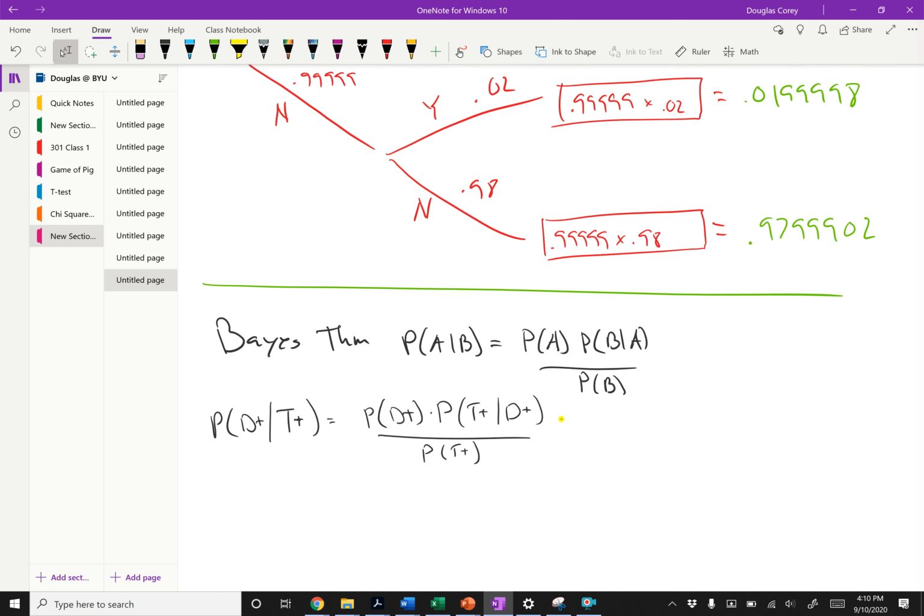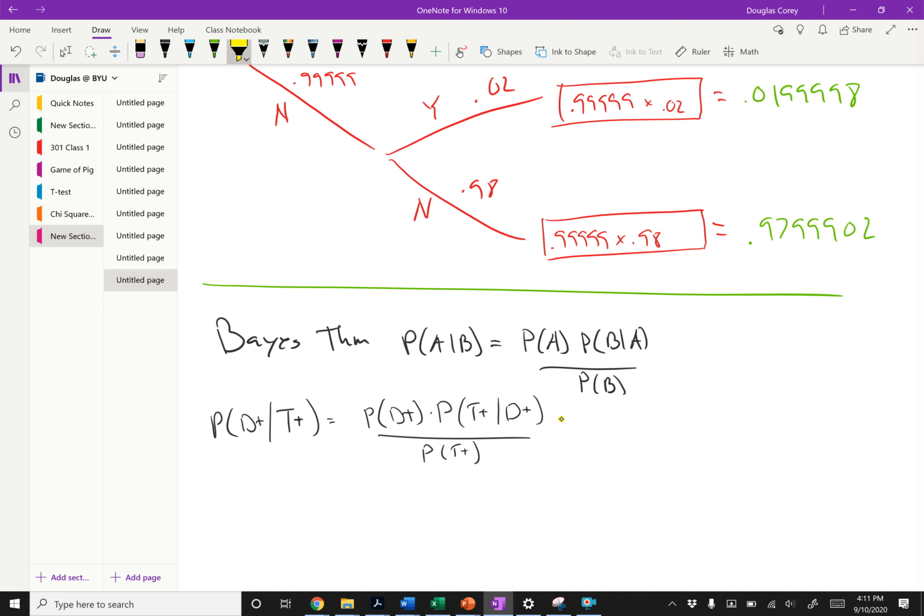So Bayes' theorem, which we derived, says if I want a conditional probability, the probability of A given B, I can take the probability of A times the probability of B given A, divided by the probability of B. So we can use this formula. We had 2 of the 3 pieces already.